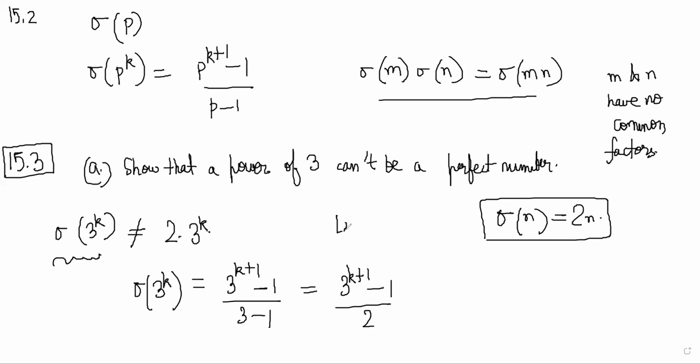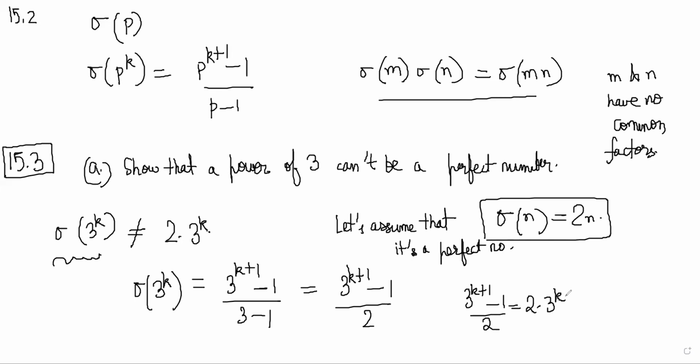Let's assume that it is a perfect number, so that we can get a contradiction. Then you will have 3 power k plus 1 minus 1 by 2 is equal to 2 into 3 power k. So you get 3 power k plus 1 minus 1 is equal to 4 into 3 power k.